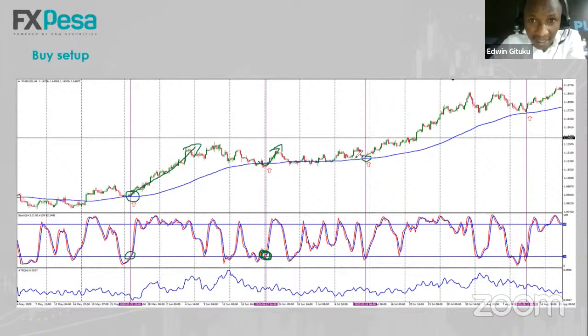Again, this is the last setup. We have a pullback in price. Then, as you can see from the stochastic oscillator, it's indicating to us that at that point in time, most traders were participating in selling.